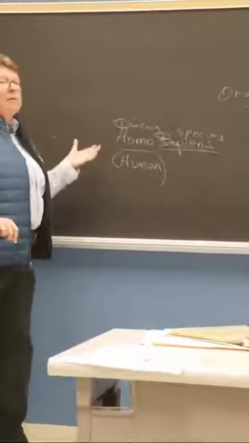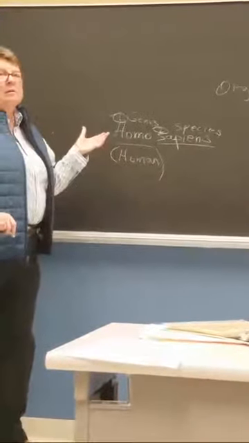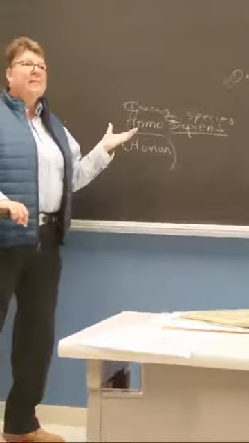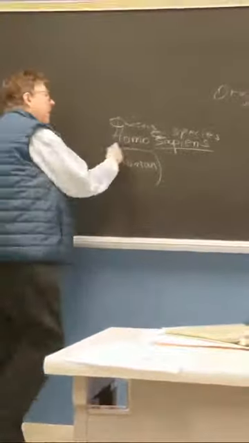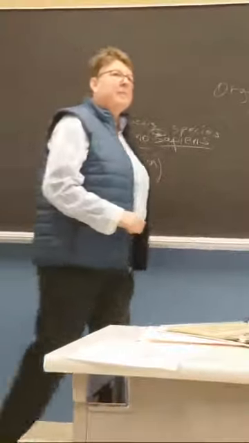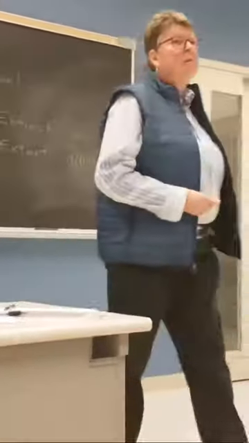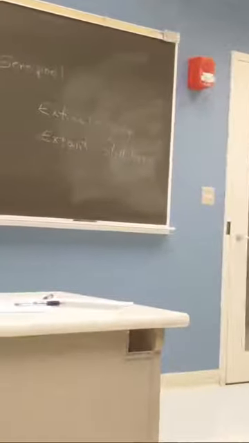And they're both either italicized or underlined, both names. And the genus name is usually like a noun, and the species name is sort of like an adjective, a descriptive. The species name is the most specific.